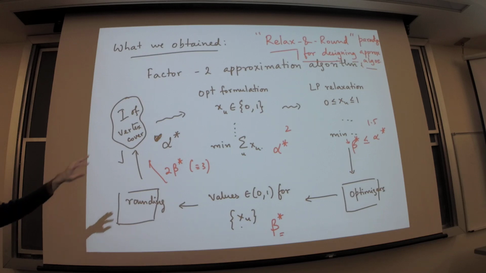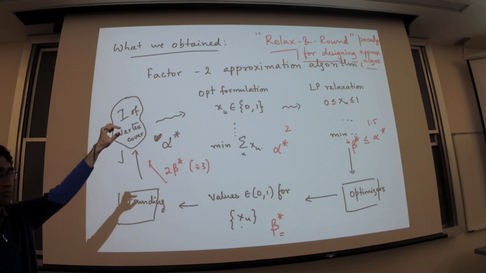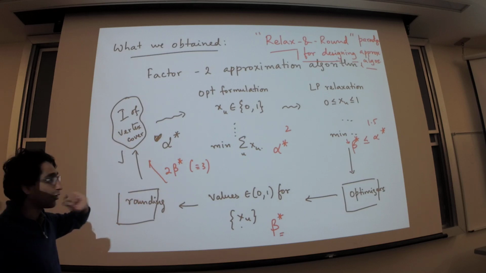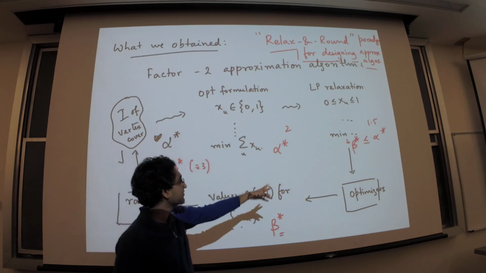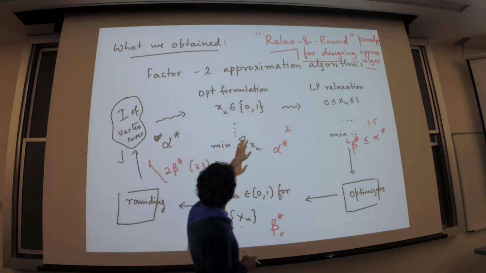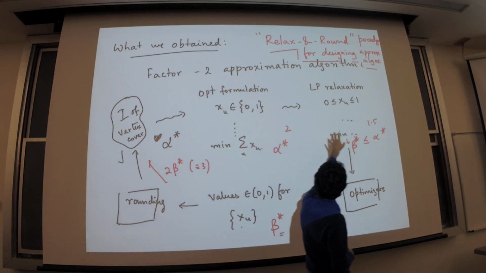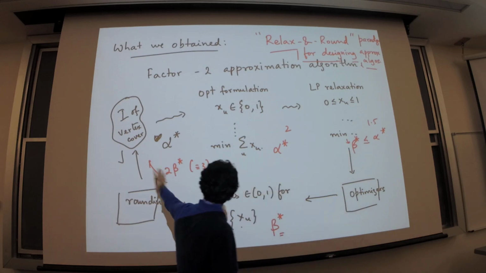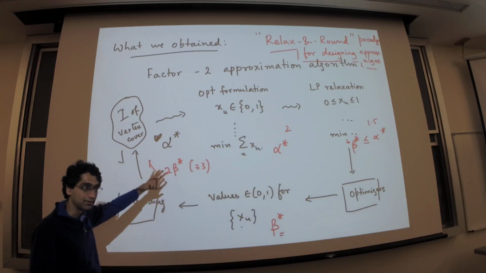It's a very simple framework, but it turns out to be very powerful for lots of problems. Often each of these steps will be pretty involved. In our case, going from here to here is trivial. It's the same thing. But this rounding process is often the tricky step.